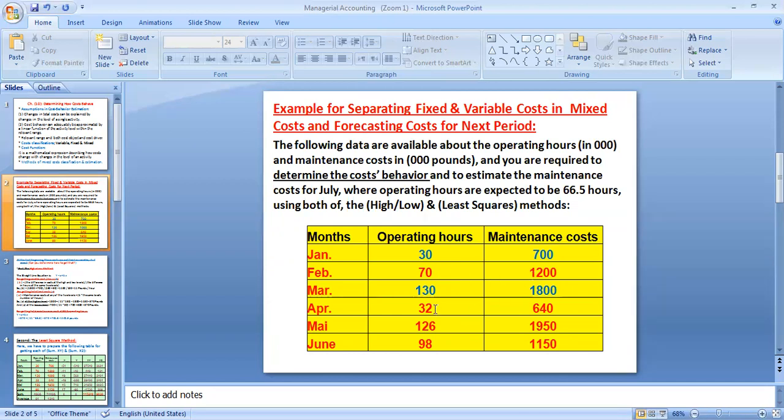Can you multiply 32 by 11 and deduct from 640? Can you multiply 98 by 11 and deduct from 1,150? Or multiply 11 by 126 and deduct from 1,950? If it gives you 370 fixed cost each time, then this method is okay, but it will not give you 370. So this method cannot be used, it is an approximated method.